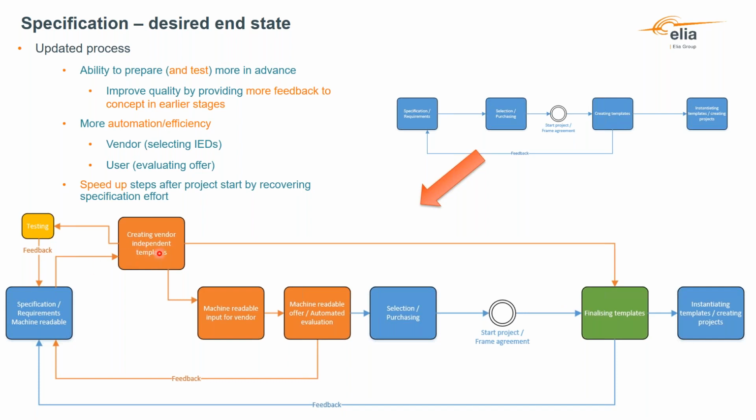And what you see here is the updated process, where you can see that there is now, in the earlier stages, already more feedback possible to the specification. And how do we do that? By creating vendor-independent templates, which are machine readable for the vendor, so that we can move forward in a more automated process.